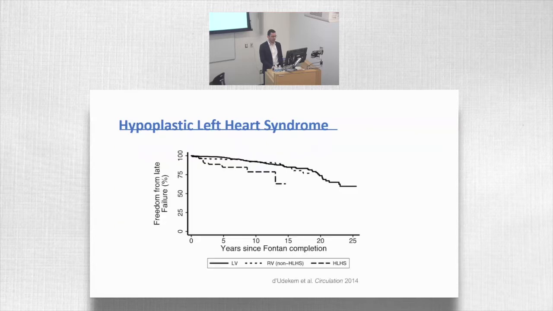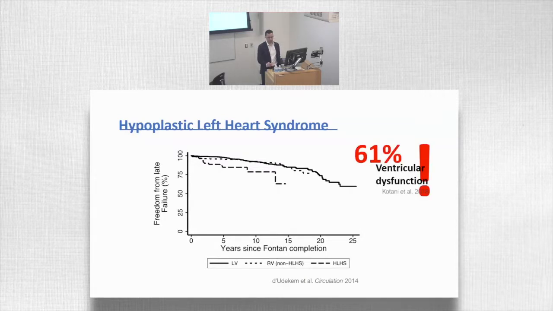From that perspective, looking at the long-term outcome, once they've reached Fontan, they do quite well. But all those that are failing, like 61% of them, show ventricular dysfunction. And there is no proper treatment, especially nothing specifically tailored for hypoplastic left heart syndrome, other patients with single ventricle disease, or any kind of right ventricular failure.